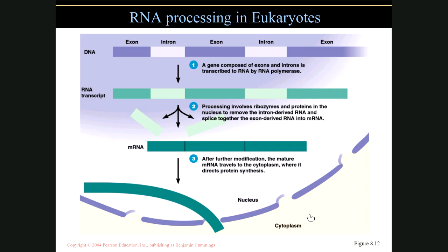So transcription and translation occur simultaneously in the cytoplasm. So as the free end of the messenger RNA transcript emerges, it can hook up with a ribosome even before the entire messenger RNA has been transcribed. And so translation can occur along with transcription. And that allows bacteria to make proteins faster.